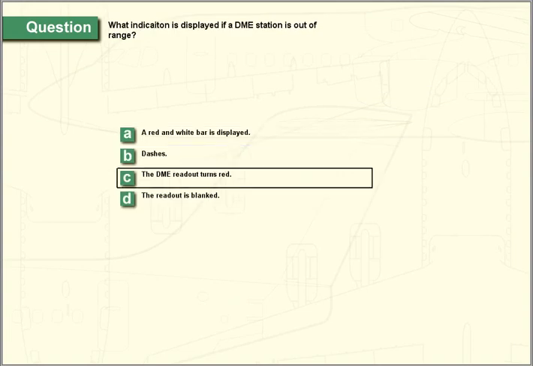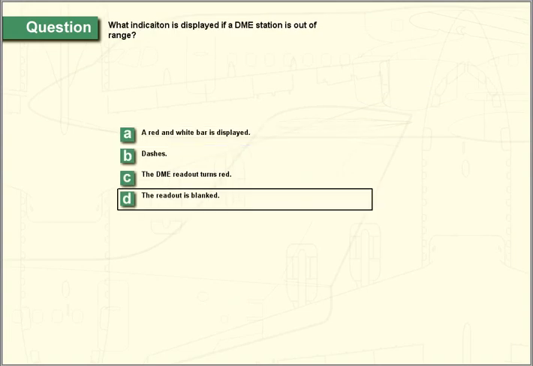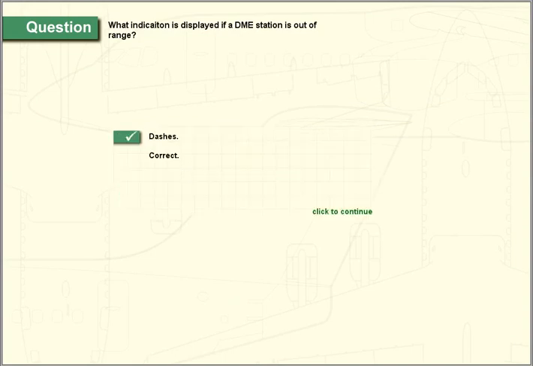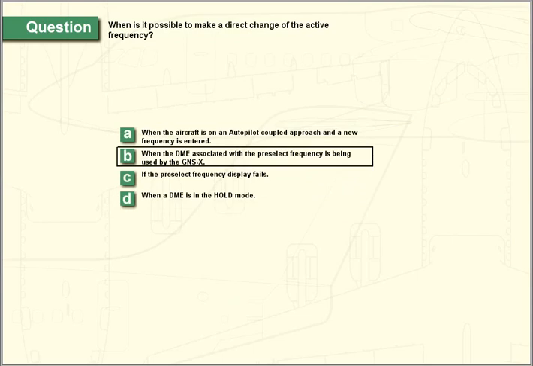What indication is displayed if a DME station is out of range? When is it possible to make a direct change of the active frequency?